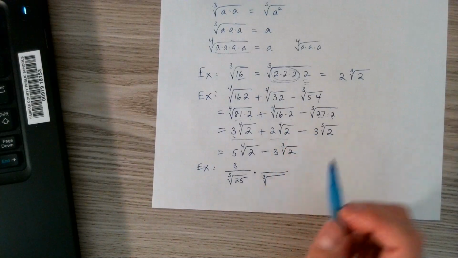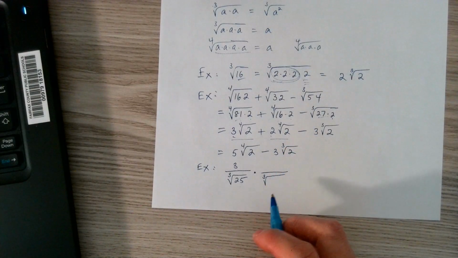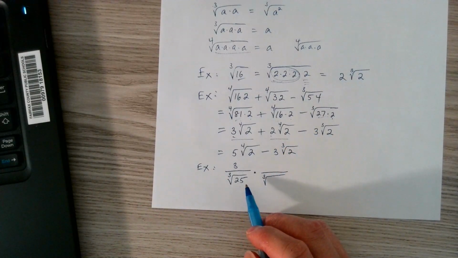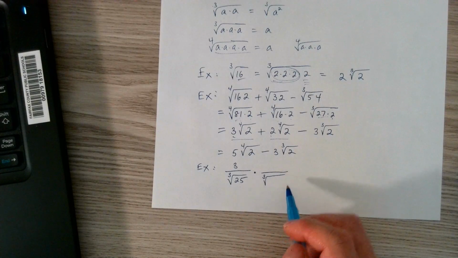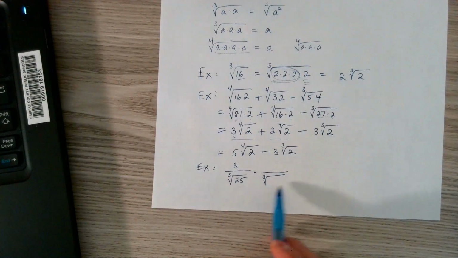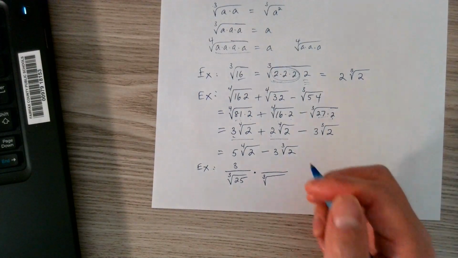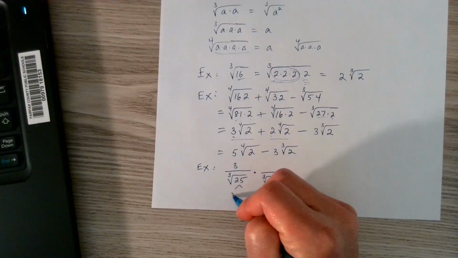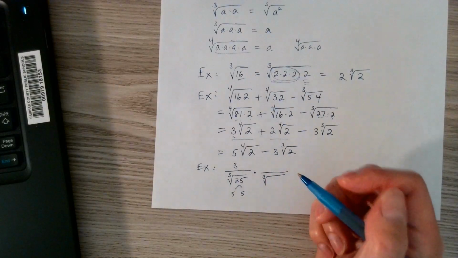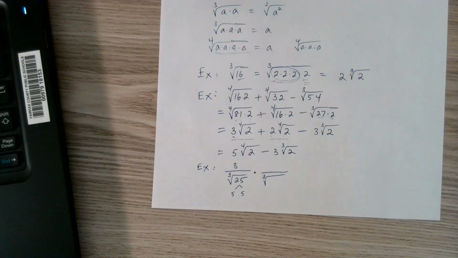So I have to multiply by the cube root of something to make the product in the denominator a perfect cube. 25 is already 5 times 5, so all I need is one more 5.